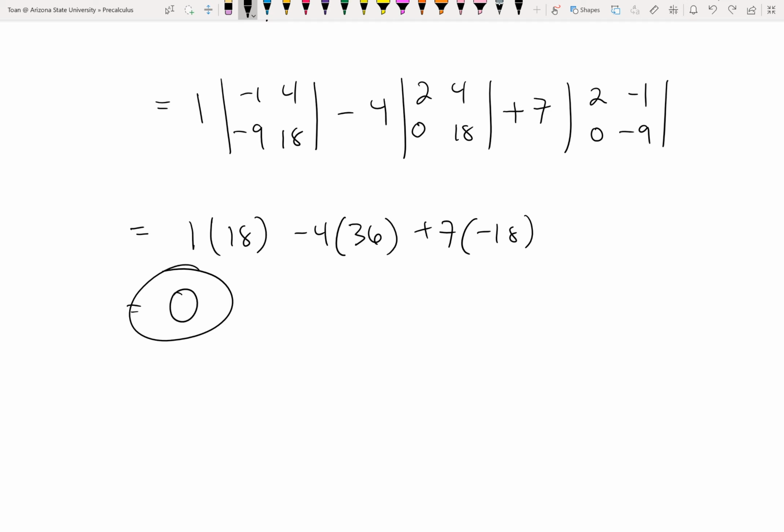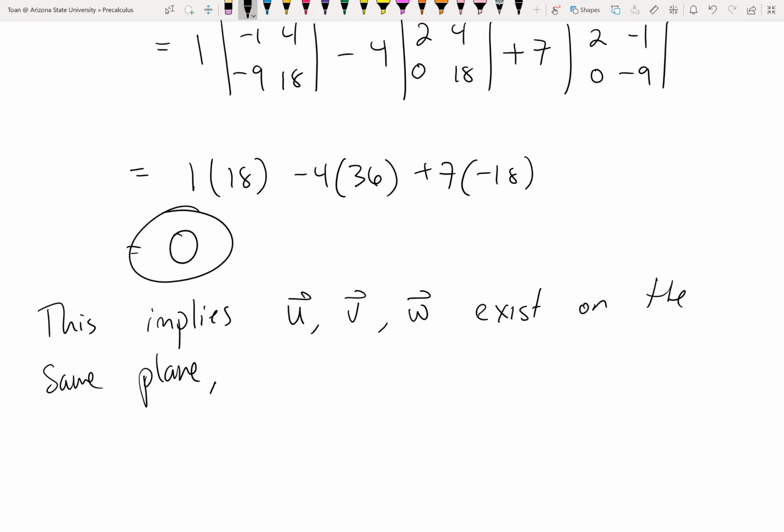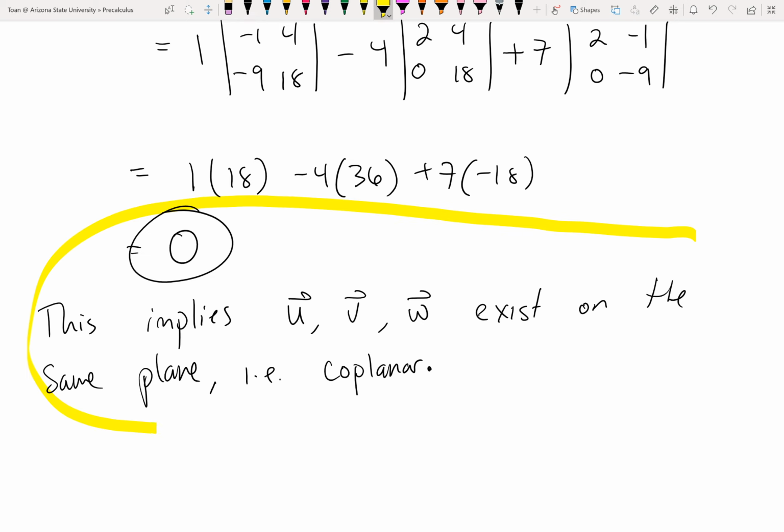They're all on the same piece of paper. This implies u, v, w exist on the same plane. So they're all on the same level. The math term for that is coplanar.